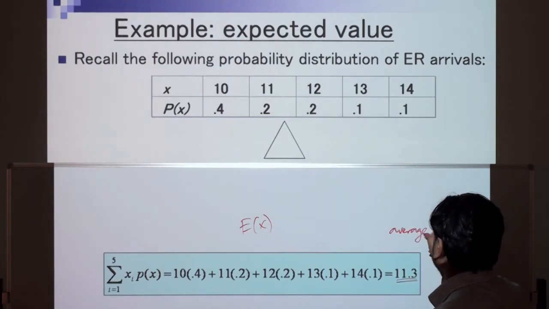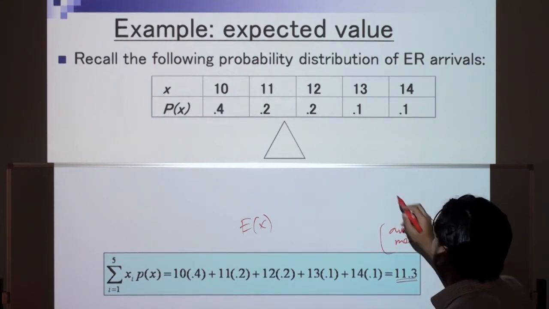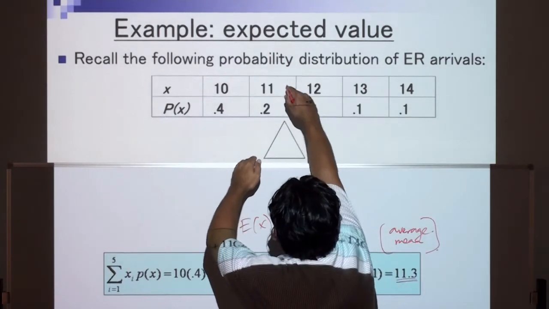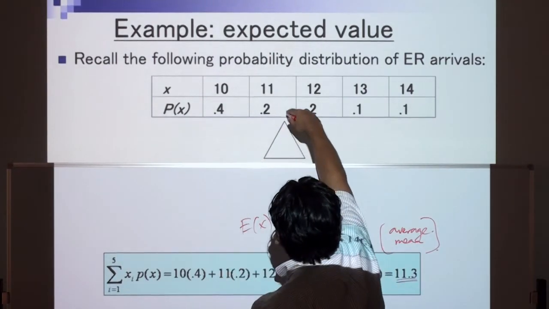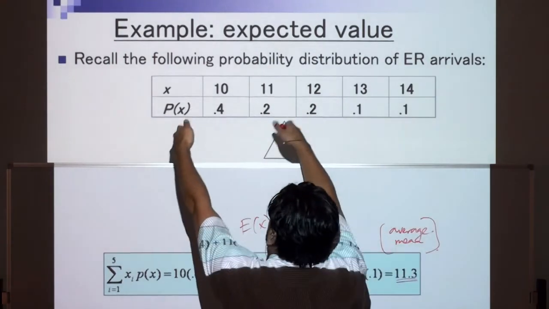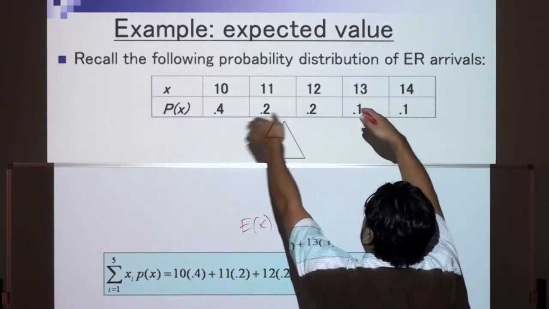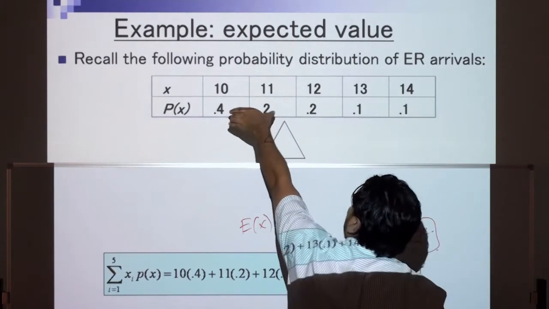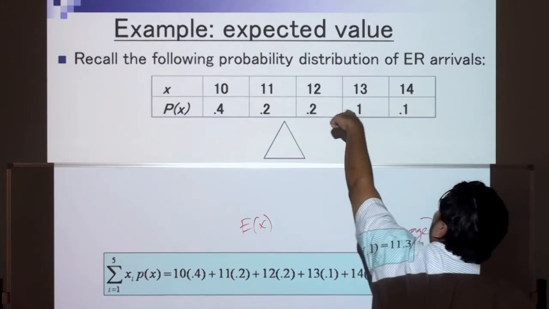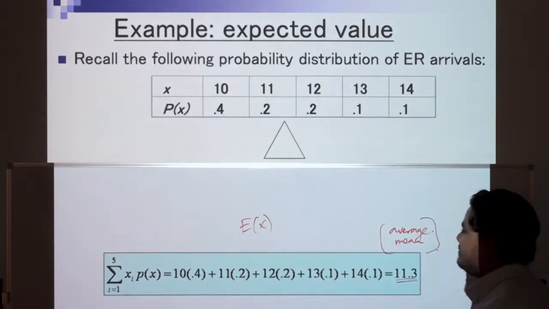Some might see this as the average or the mean. Notice that on this balance, we've put this point exactly here, and this point is supposed to be at 11.3. So at 11.3, this side is equal to that side. Notice that there's a lot of weight on this side because of the higher percentages compared to these smaller ones. Keep that in mind.